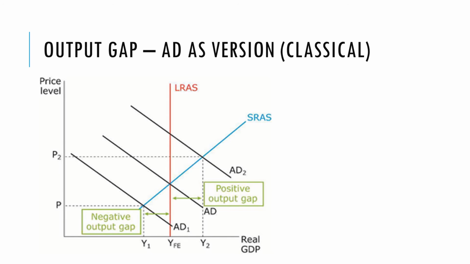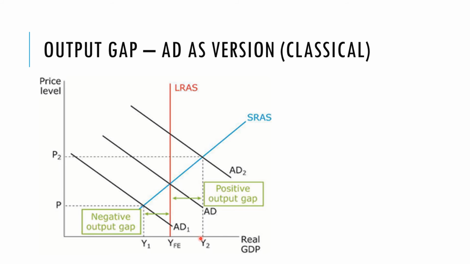The final way of illustrating an output gap is to use an ADAS diagram. And here we're going to indicate output gaps using the classical long-run aggregate supply curve. So what we can see here is that when output is at Y1, with this level of aggregate demand, a low level of aggregate demand here has caused a negative output gap because less is being produced than the full employment level of output, what potentially could be produced in the long run.